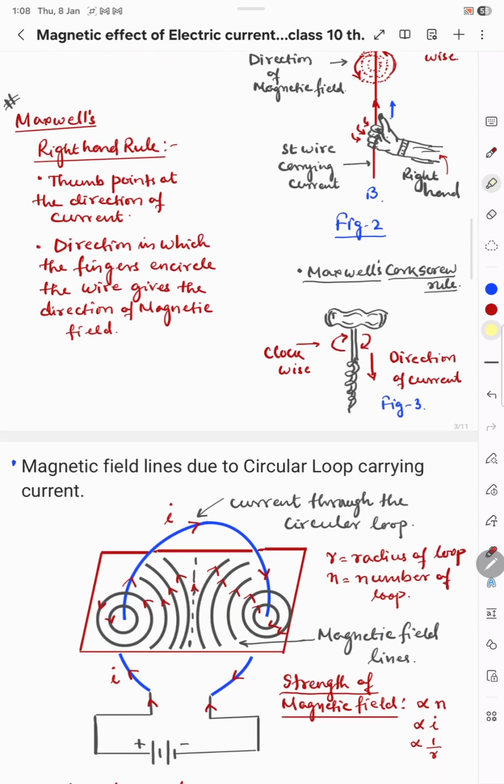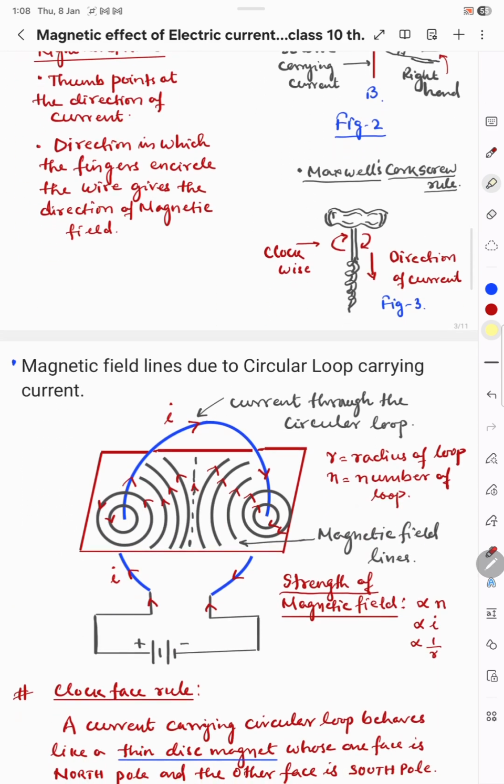Next is the magnetic field lines due to a circular loop carrying current. Here you see we have connected a circular loop to a battery and a current I is flowing through the circular loop. Now we can see how the magnetic field is being formed, which is visible on the cardboard.